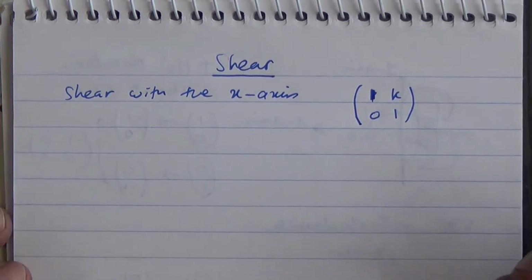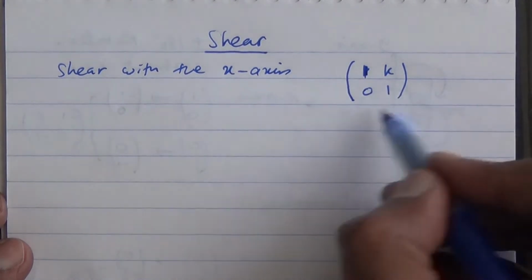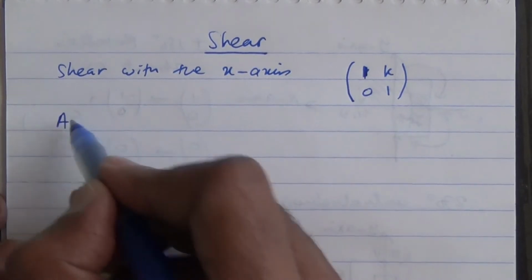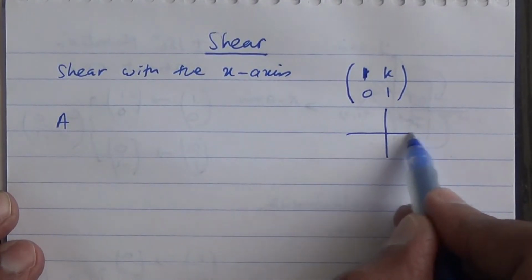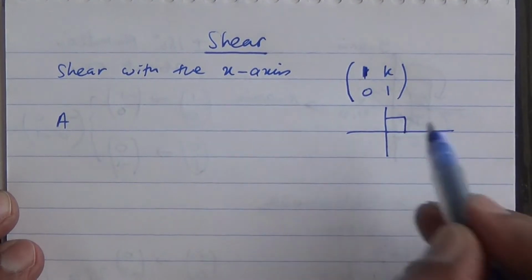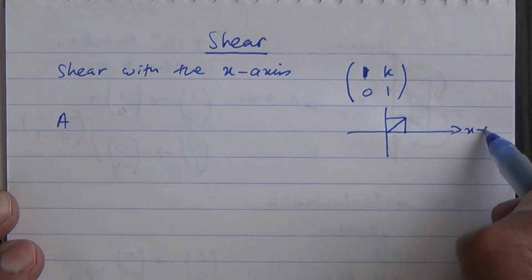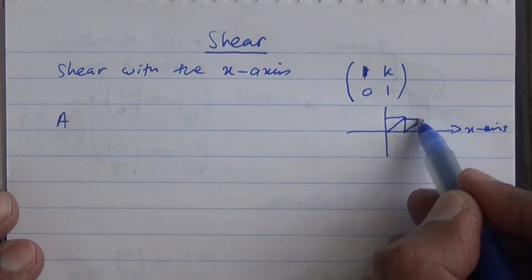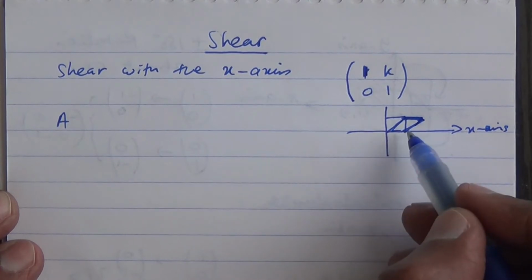What I mean by that, if you get a shear in the exams, the shear factor will be given. You may have a shear with the x-axis that looks something like this. Say for instance you've got a square here, and you shear with the x-axis. This is the x-axis, so along the x-axis it's going to become like this. Alright, so that's your shear with the x-axis. This is the image of that square.